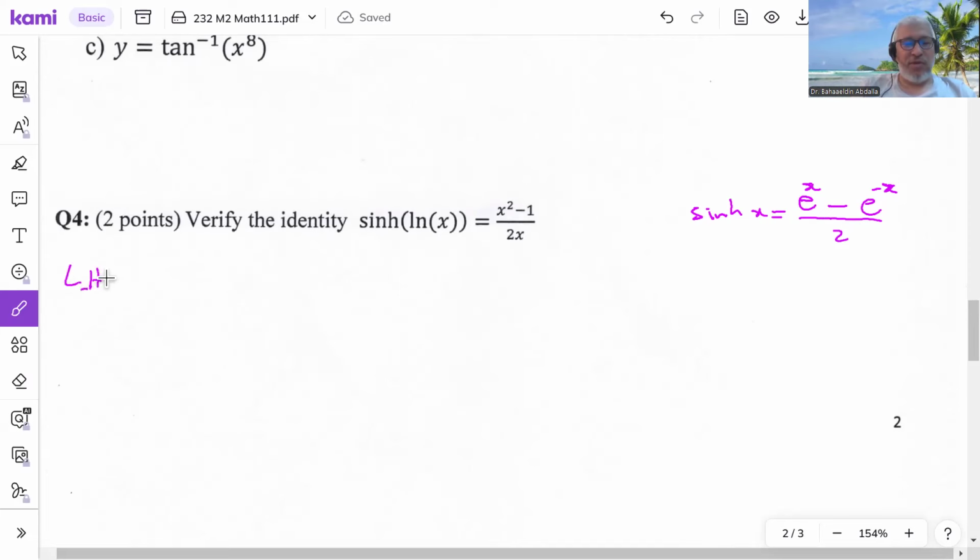So if I start with the left-hand side here, now instead of x, I have ln x. So I should replace x in this definition by ln x. So I'll have e to the power ln x minus e to the power negative ln x over 2.